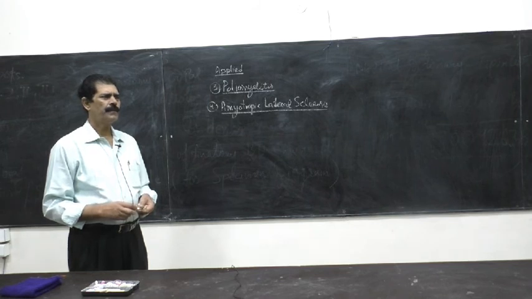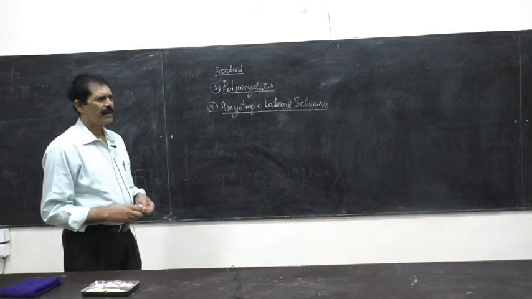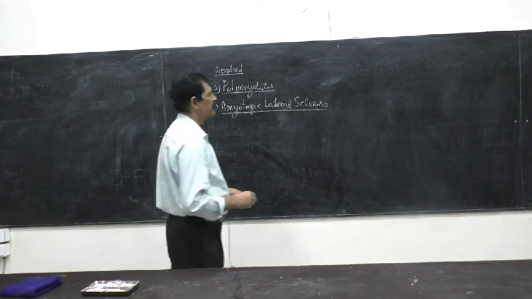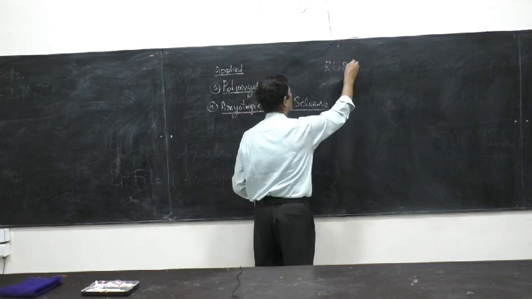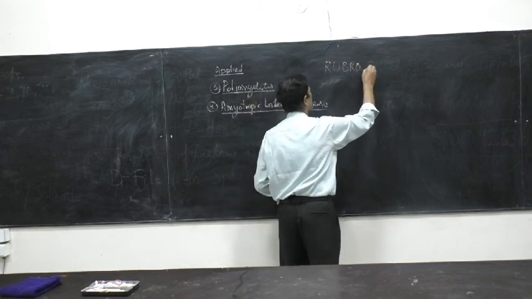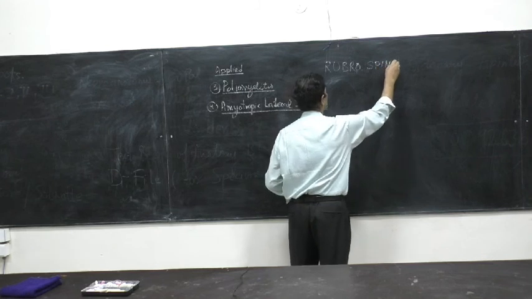Now the other tract left in the lateral column is the rubrospinal tract.